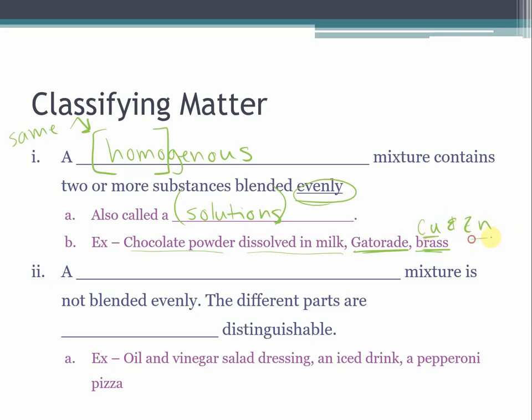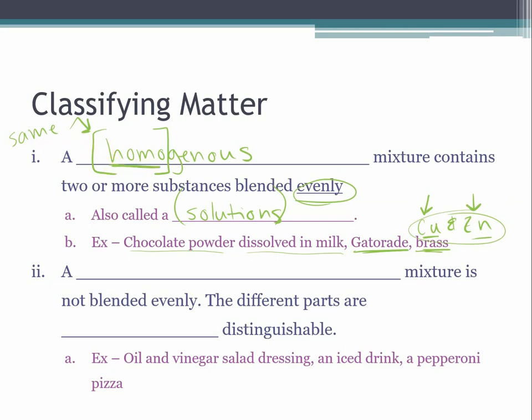They took a big chunk of zinc and melted it, and they mixed these two together super thoroughly. Then they formed them into the shape that they wanted and let it harden. And when that's done, you cannot look at your trombone and say, oh, there's the copper and there's the zinc. It all looks exactly the same throughout because it is homogeneous.